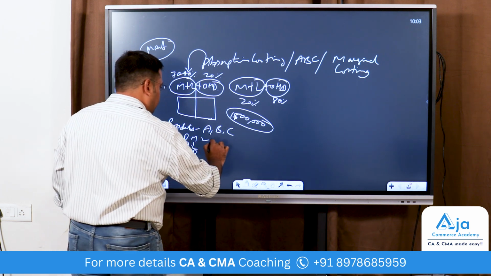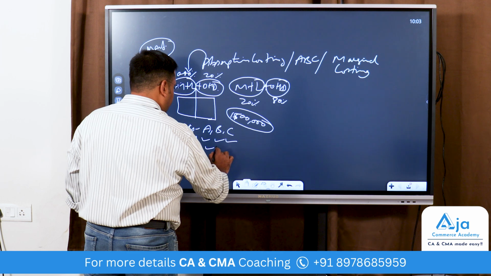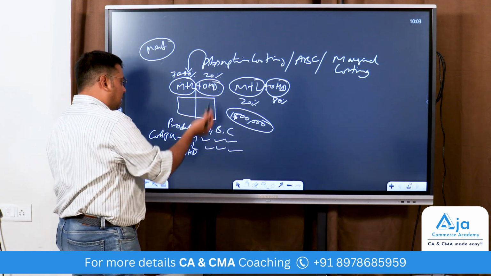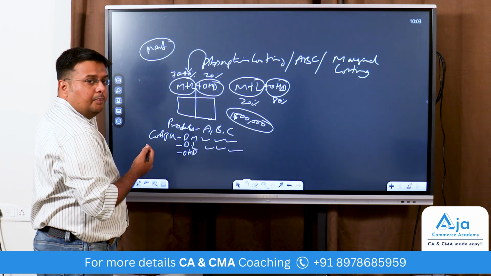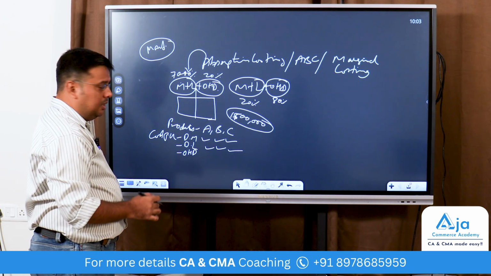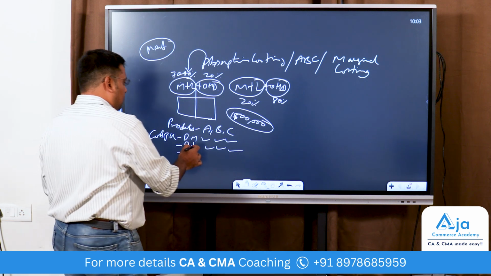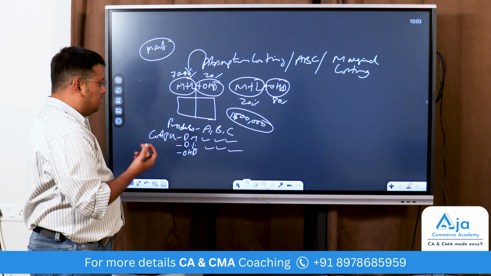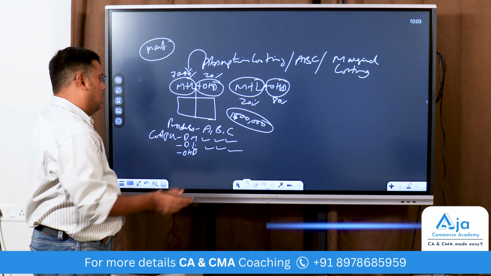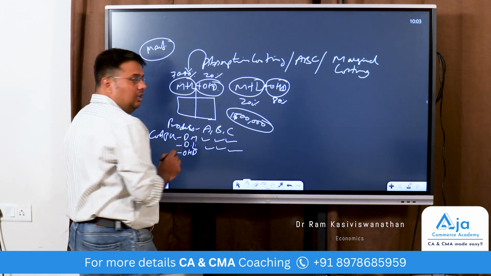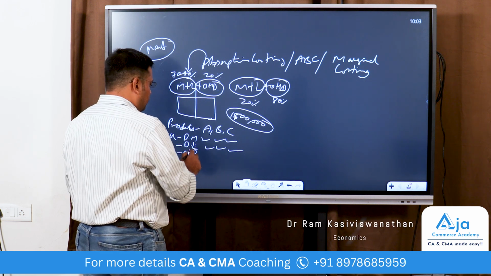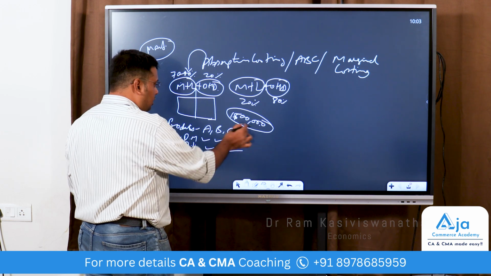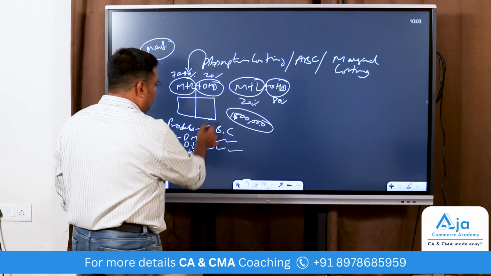Now, these are direct expenses, so there's no problem here. This 15 lakhs, I'm going to distribute to my products A, B, C on the basis of, for example, direct labor. I'm going to use labor hours, what was the cost per labor hour, how many labor hours were incurred, and the overhead expenditure connected to my product.